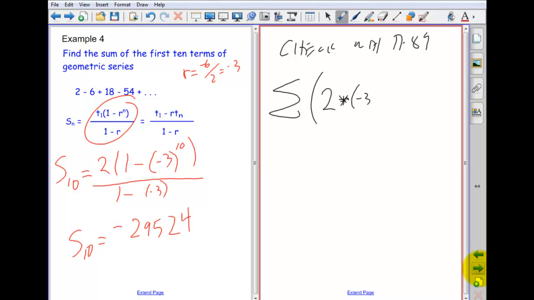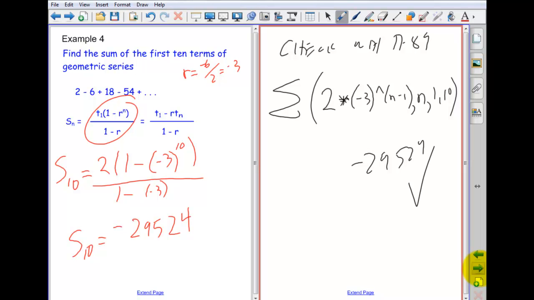Negative 3, so get that in parentheses. Raised to, you can use x or n, whatever you want, but make sure you get that in parentheses so it's all in the power. Going from 1 to 10. What does it say? Check, please. There you go.